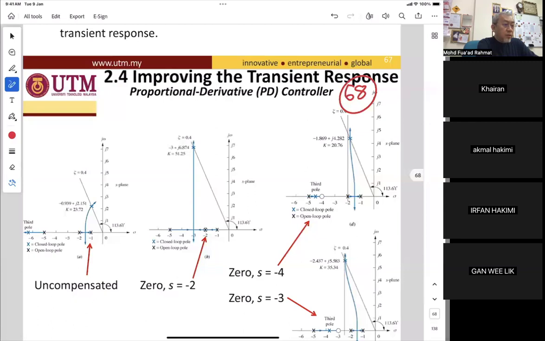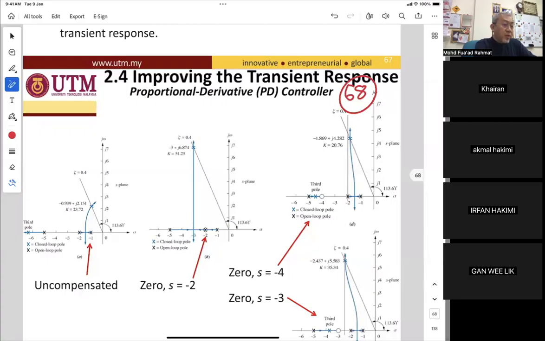Then the existing steady state error was solved by the PI controller, which improves the steady state error from a finite value to 0, because we increase the system type from type 0 to type 1.